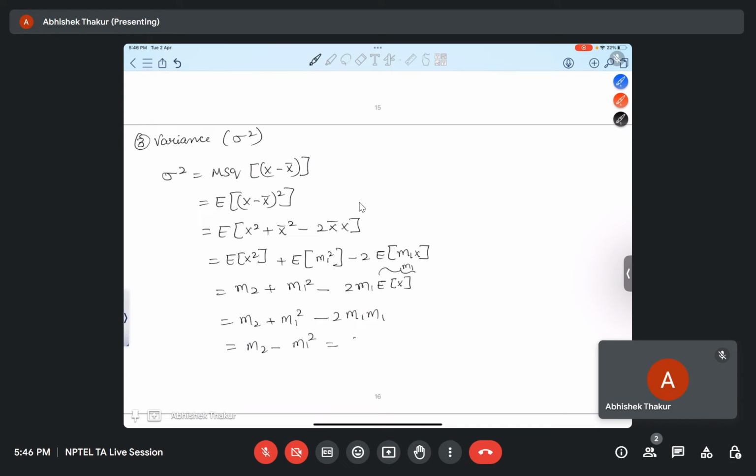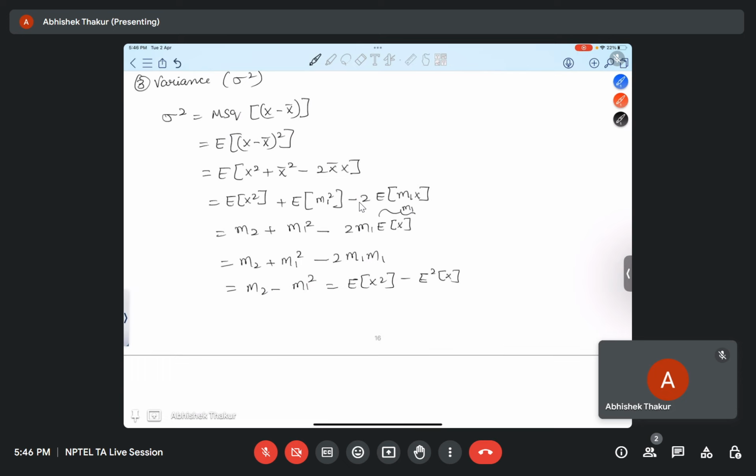So m2 is E of x squared, and m1 squared is the square of E of x. So the variance sigma squared is equal to E of x squared minus the square of E of x. This is a very important formula. Just remember this.